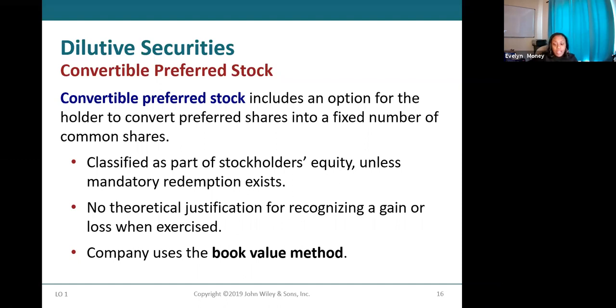So in that situation, if there is a call option and it's forced and it's at the option of the preferred stockholder, then it's really debt. When you see mandatory redemption, it's really classified as debt. But most convertible preferred stock doesn't have that mandatory redemption option.